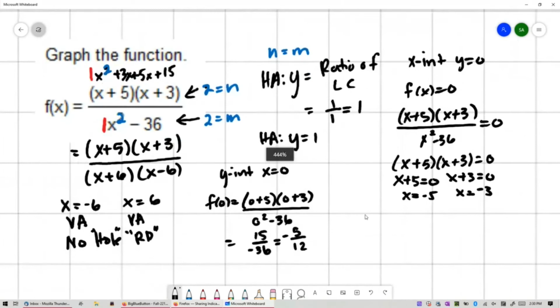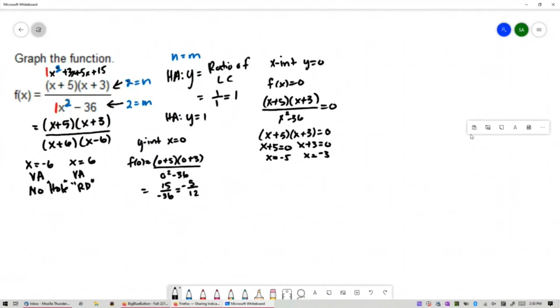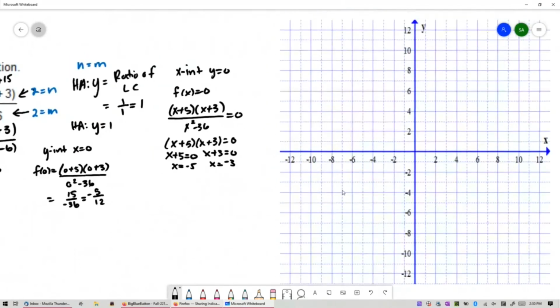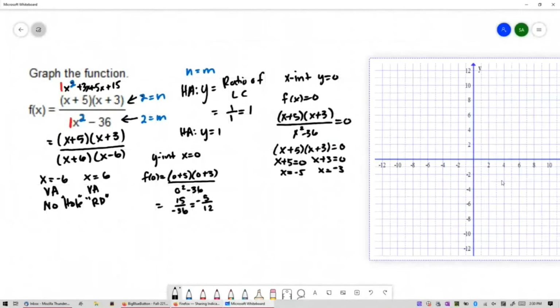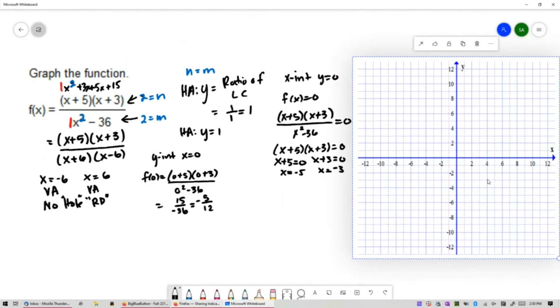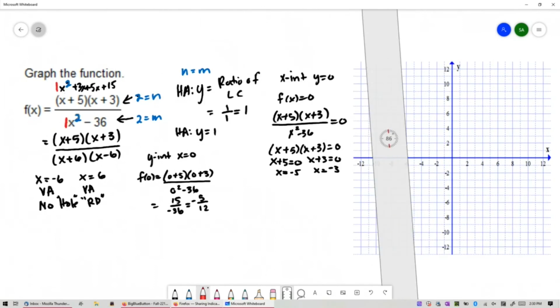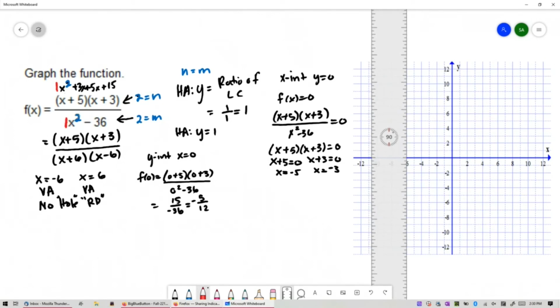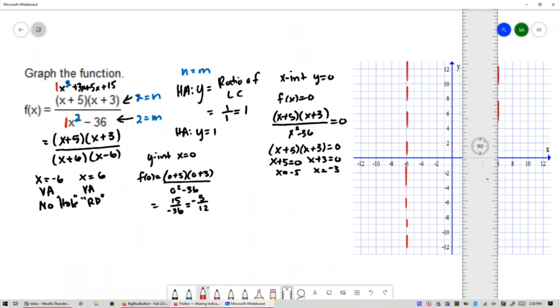Now I think I'm getting closer to being able to sketch a graph of this. So let me get my coordinate plane here. And let's write down some of the things that we've gotten. We have vertical asymptotes at negative 6 and positive 6, so I'm drawing the vertical dashed line at negative 6 and positive 6.